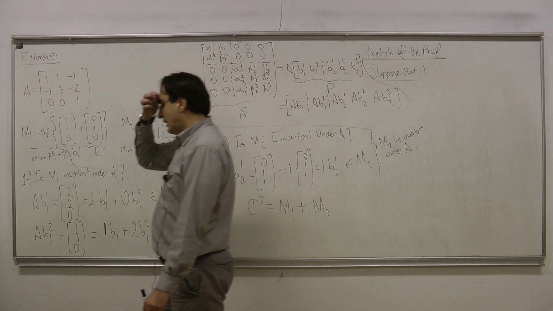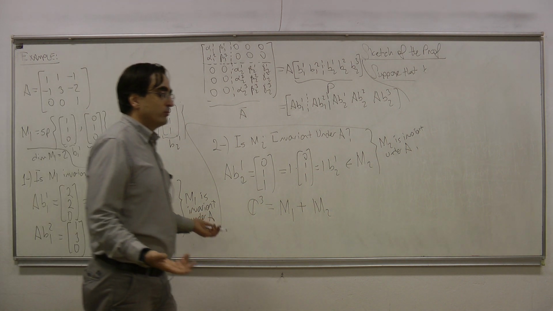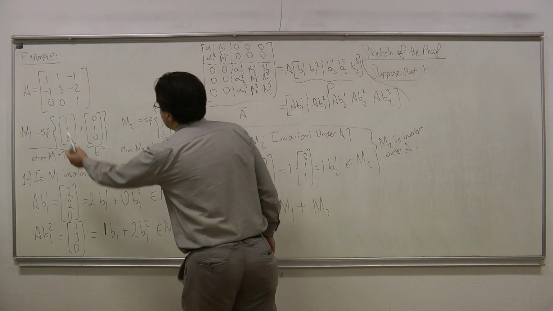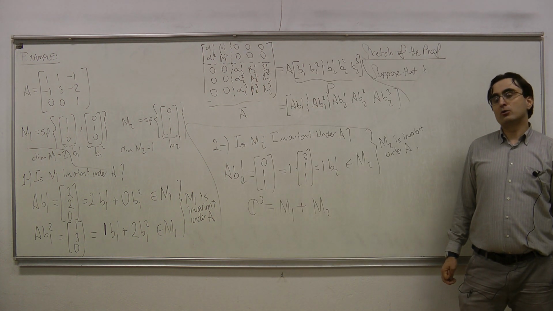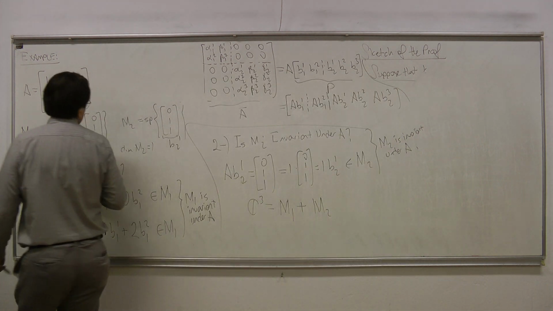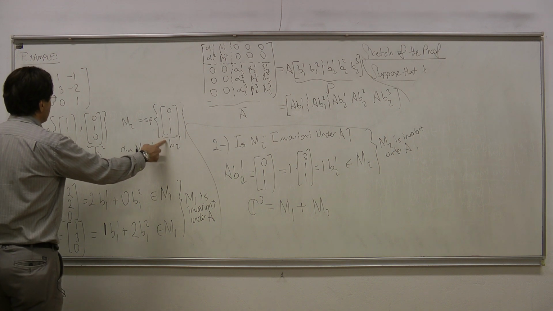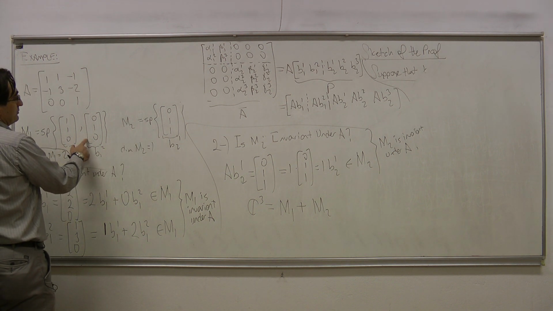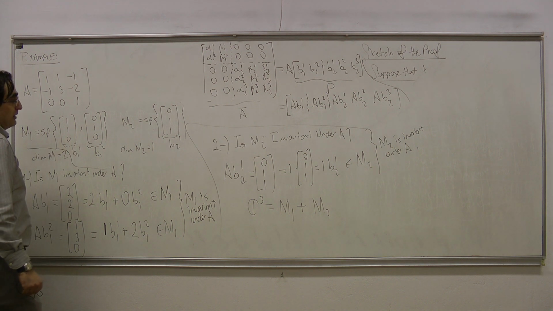Is this sum a direct sum? Or I can ask the equivalent question, are M1 and M2 linearly independent? That is our question. And if you look at these basis vectors, you see that I cannot write the basis vector of M2 as a linear combination of the basis vectors of M1.